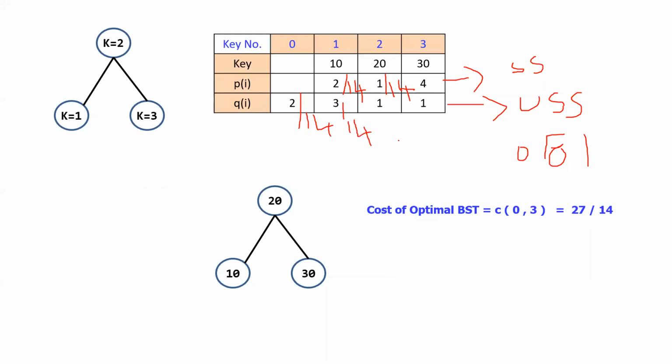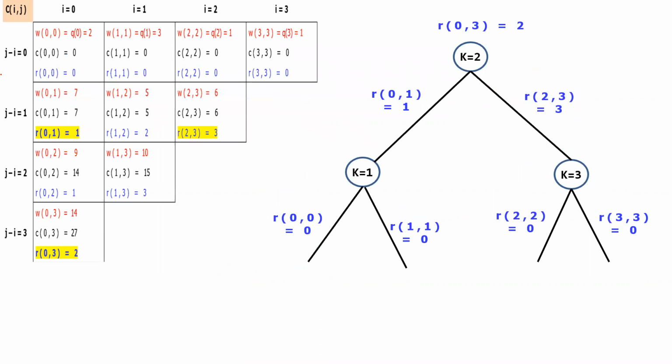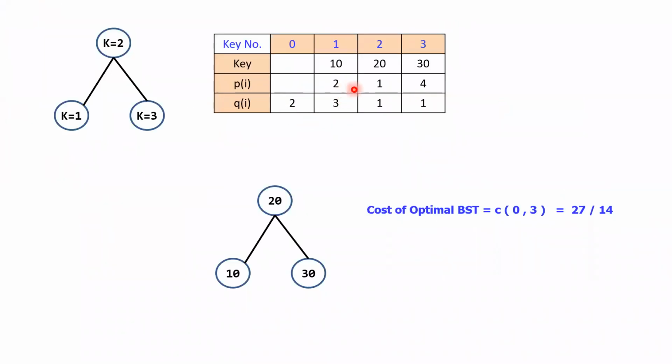These were the values given. But for simplicity of the mathematical calculations, I have not used the denominator 14. I did not use it while forming this table and performing multiplications and additions. I considered only numerators, 2, 1, 4. I did not consider divided by 14. But you have to actually consider it.